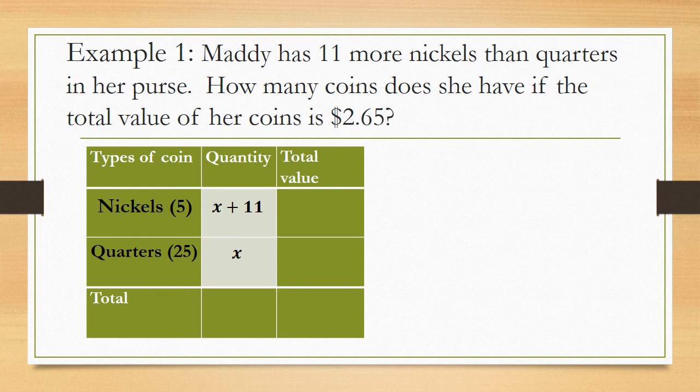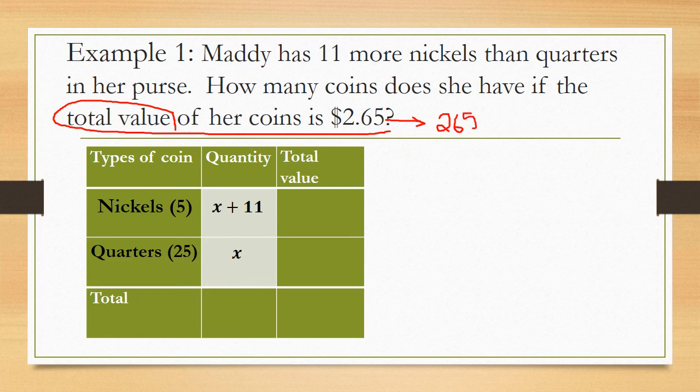The only difference between this problem and the previous problem is that we have the total value of the money. We don't have the total quantity or number of coins that we have. So in this case, $2.65 is 265 cents.